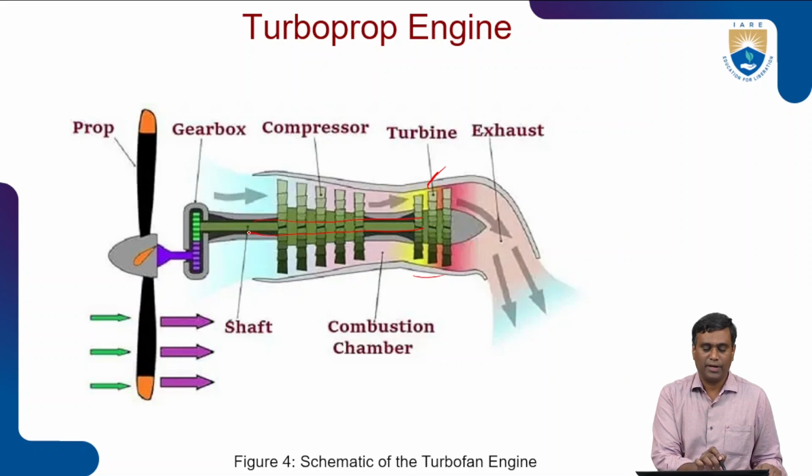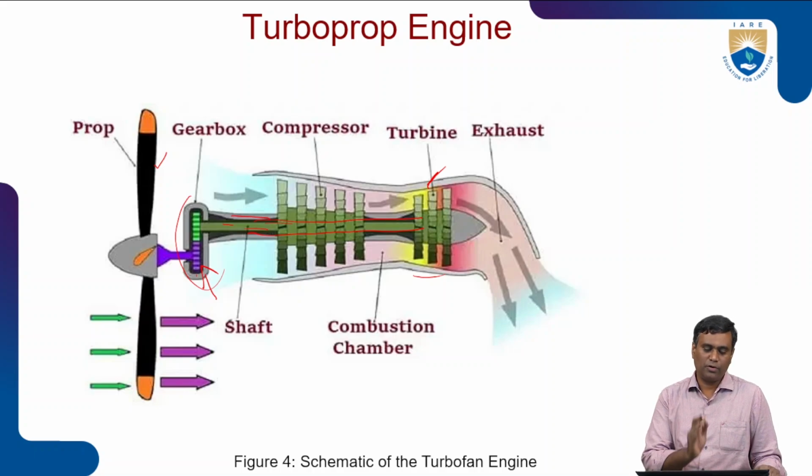If you see here, this is how, through the reduction gearbox, right? So these are the propeller blades. This is the reduction gearbox, and this is the shaft connecting turbines as well as compressors.